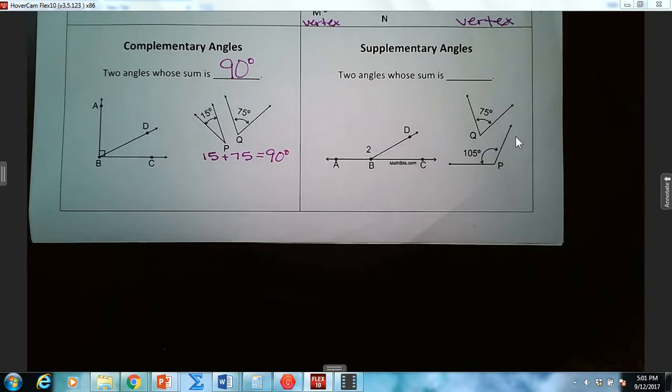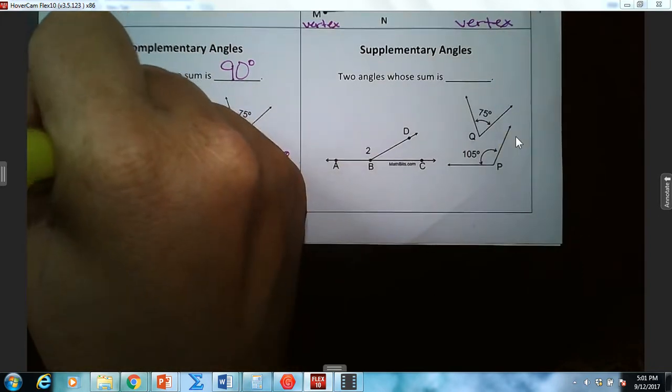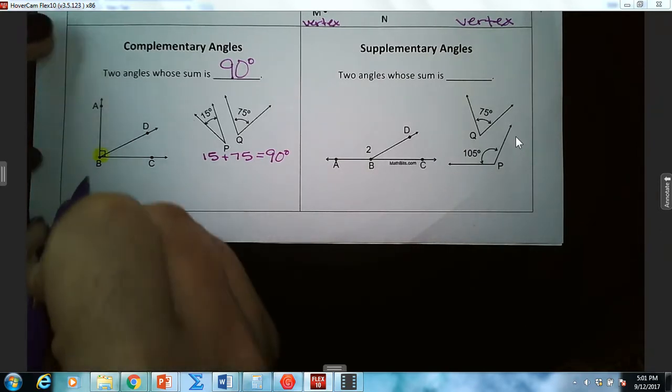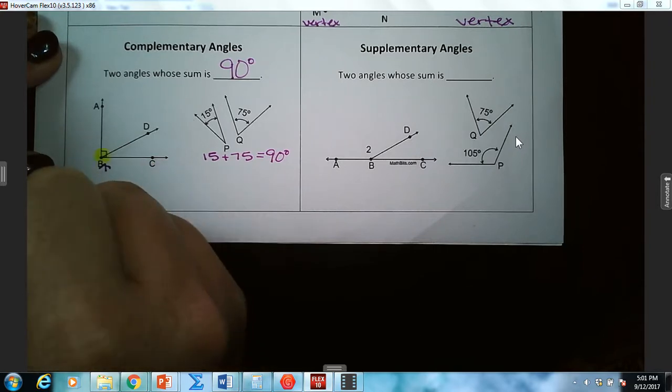So I want you to notice a symbol that's very important here. I'm going to highlight it. It's this box. The box you see in the picture symbolizes that this is a perfect right angle.